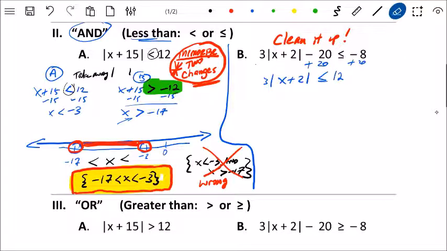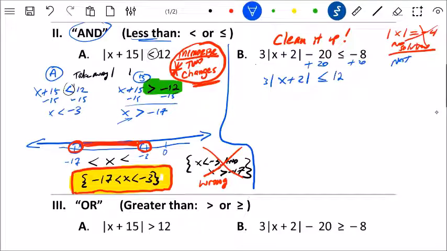Remember that there was a little rule, let's quickly review it, that if we had an absolute value equal to a negative number, like the absolute value of x plus whatever, it didn't matter what it was, is equal to -4, it can't be done. That's a no solution. That's not true for inequalities.